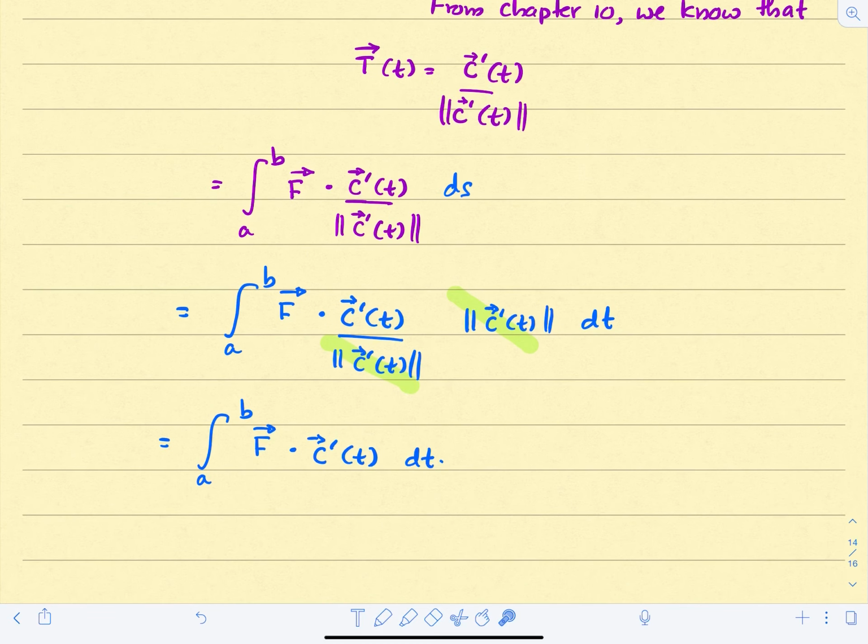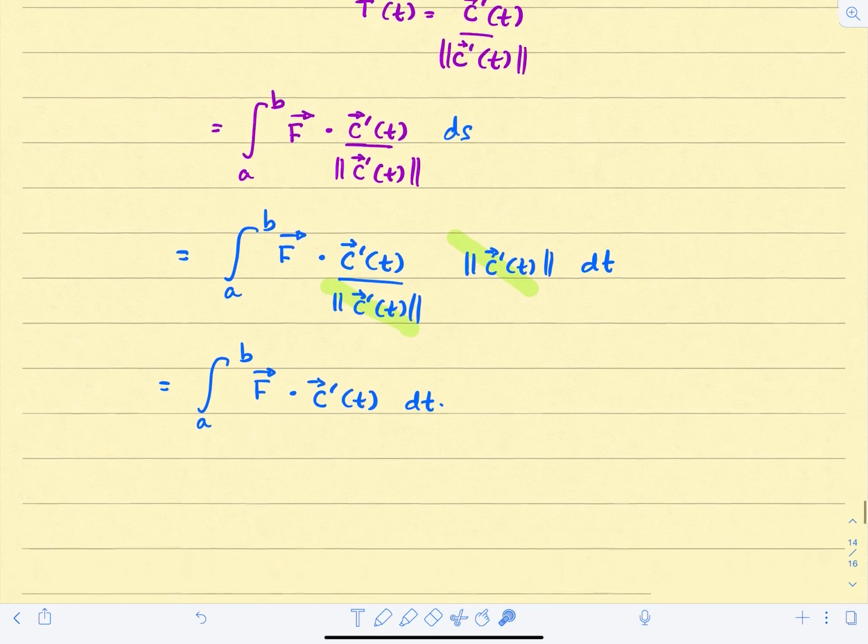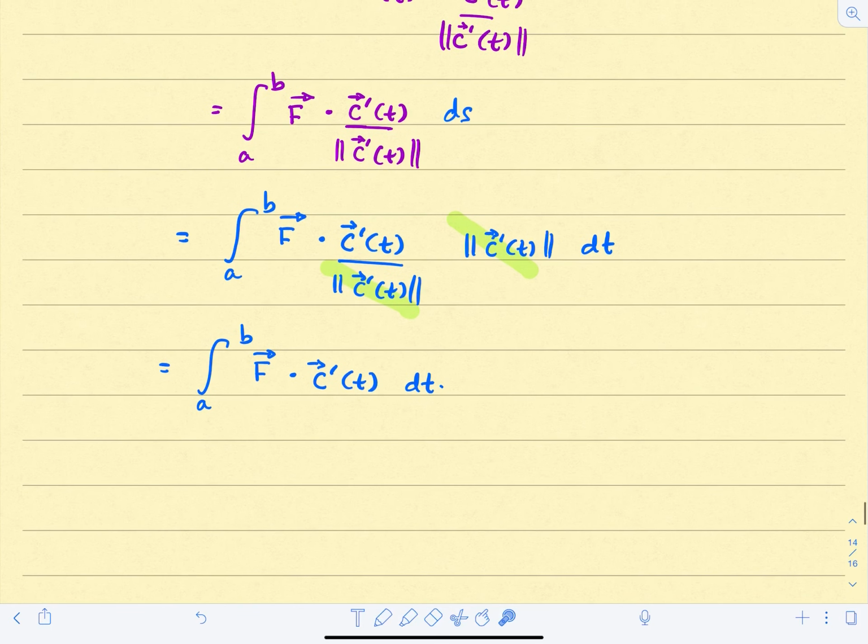Next we can cancel the magnitude of C prime t from the numerator and the denominator, and if you do that you will get the line integral of vector field F dot ds over the curve C equals the formula that we defined earlier.